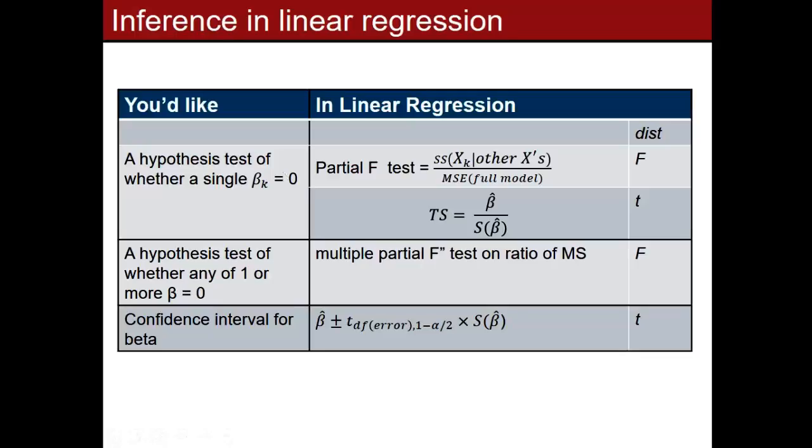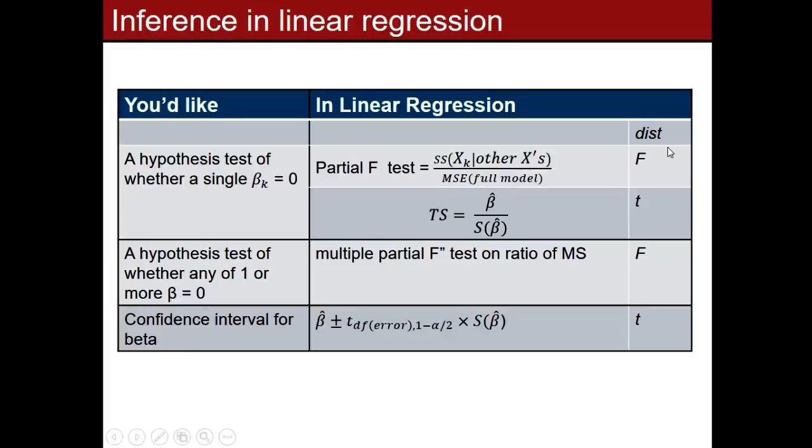The null value for an odds ratio is 1, and the null value for the betas is 0. And by the way, what's e to the 0? 1. So that's e to the beta. The null value of e to the 0 is 1, and it all perfectly works. But in linear regression, we were all hung up on betas equaling 0, and we defined 2 types of tests for that.